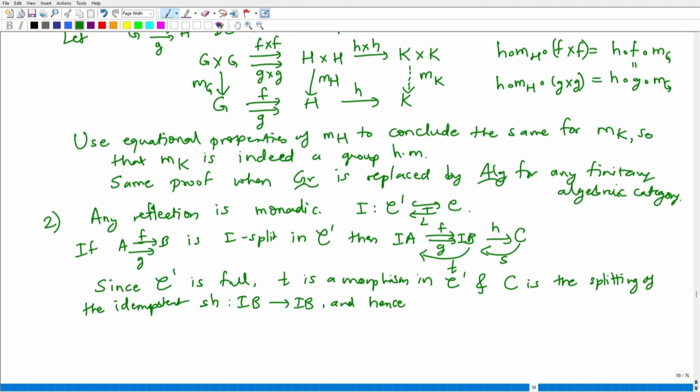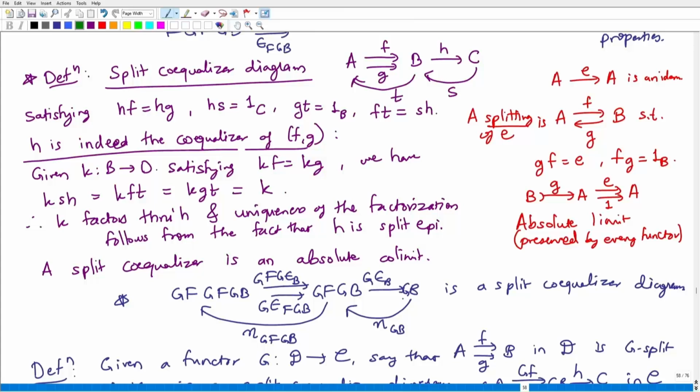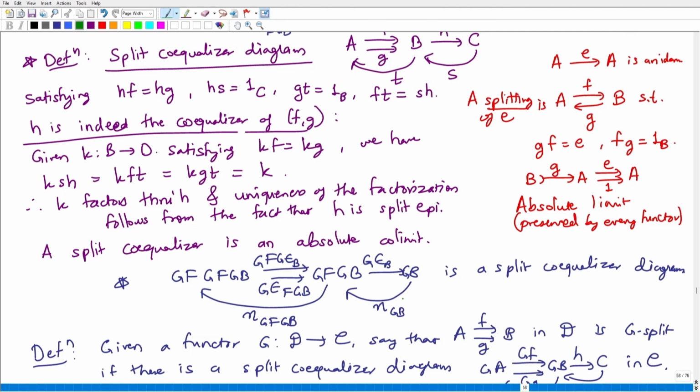Why? No, fullness will not give you that S is in C prime. You just have to talk about the splitting now. Yeah, I mean, it's the identity. No, it's not identity. The SH is a morphism with domain in C prime and codomain in C prime. We haven't yet said anything more. The splitting, if you remember this red note that we had earlier, the red note said that a splitting of E is this, and this is an absolute limit. And dually there was a co-limit condition. So try to use one of them.